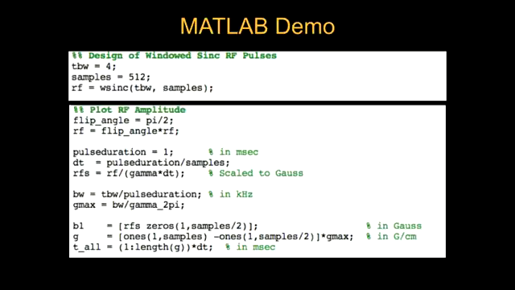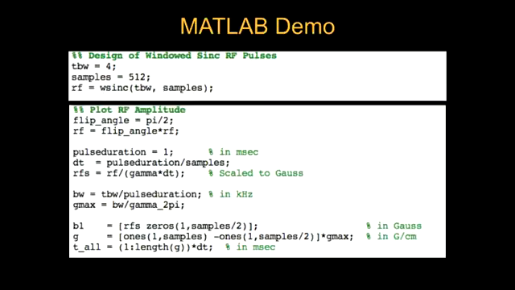And then I provided a so-called window function or windowed sinc function, so you can use it if you want. But anyhow, the input is your time bandwidth product, which determines how long it is, and then how many samples are required to generate.